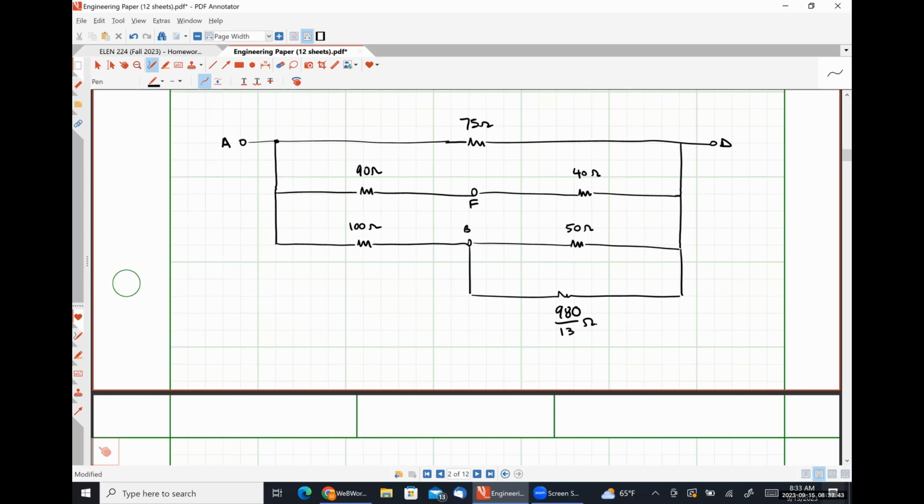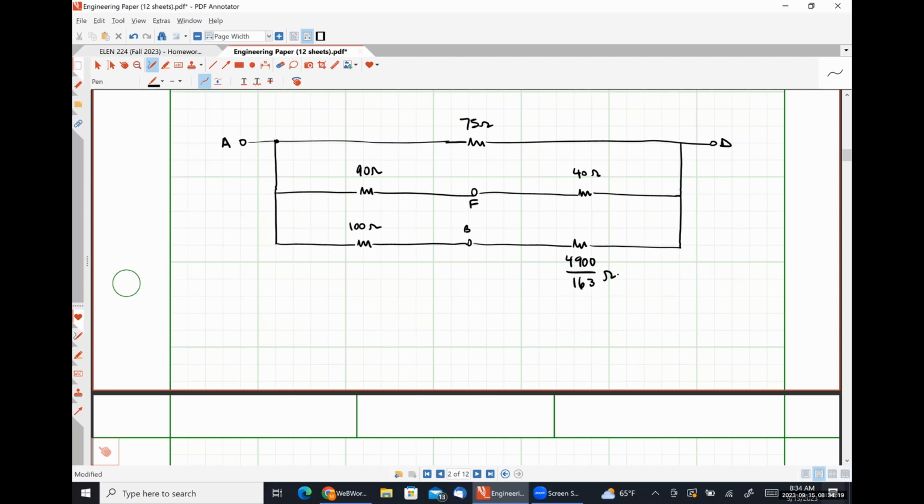That 980 over 13 is in parallel with the 50. So we'll do answer times 50 over answer plus 50. We get 4,900 over 163. That is in series with a 100 ohm resistor.